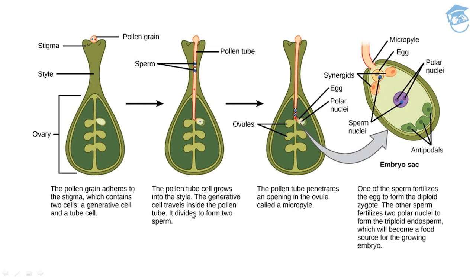It divides to form two sperms, and the pollen tube penetrates an opening in the ovule, which is called the micropyle, and one of the sperms fertilizes the egg to form the diploid zygote, which is 2n, and the other sperm fertilizes the two polar nuclei to form triploid endosperm, which will become a food source for the growing embryo. That's the nature. I hope it is clear to you now how pollination and fertilization take place in angiosperms.